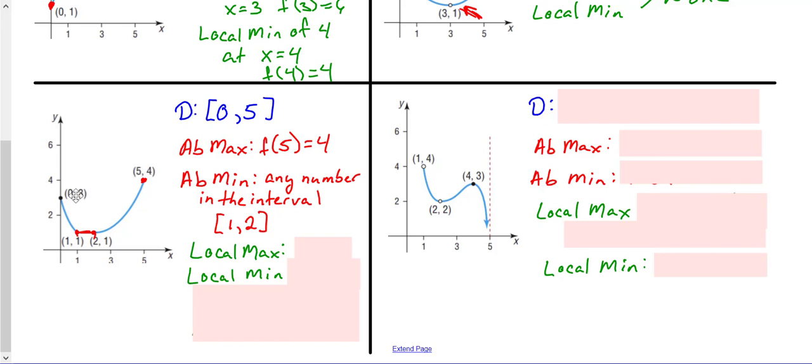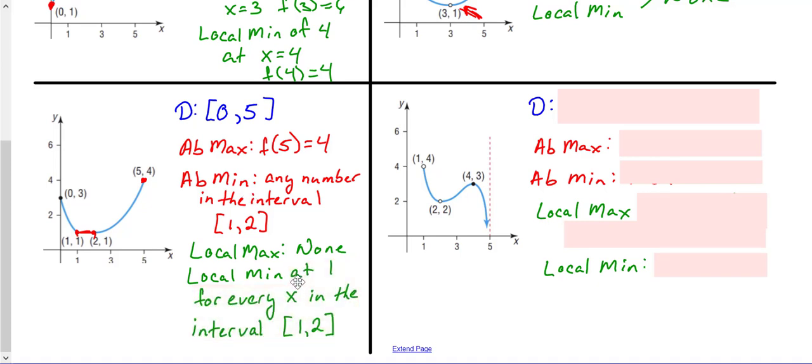Because there is no hill, we have no local max. Our local min is going to be the same thing as our absolute min. So our local min is going to be at 1 for every x in the interval 1 to 2, because we know our y value on that interval is 1.